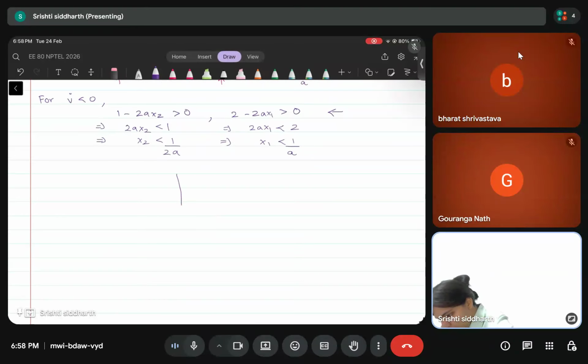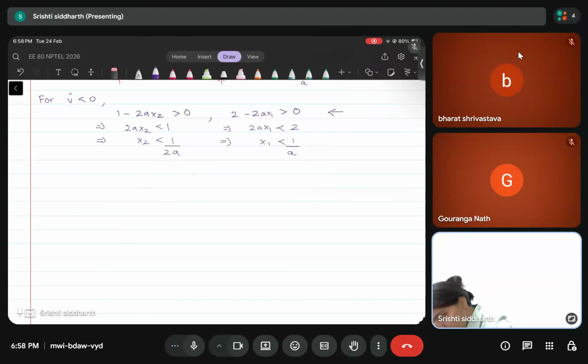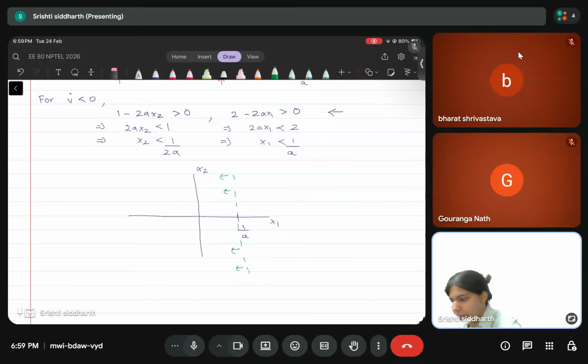So let's plot this on the x1, x2 plane. So a is positive, so 1 by a is going to be positive, and x1 should be less than 1 by a. So x1 is allowed to lie on the left hand side of 1 by a, and x2 should be less than 1 upon 2a.